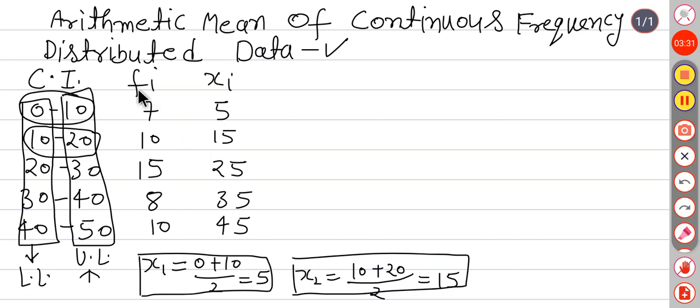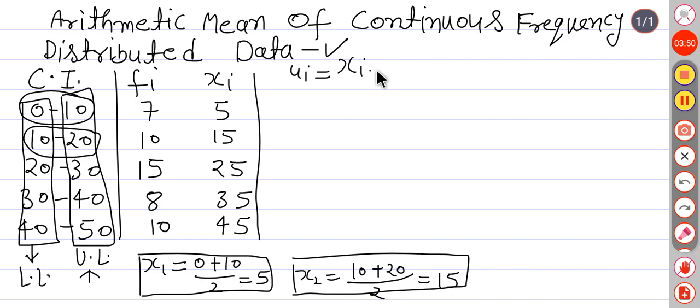Now you can see that it looks like discrete frequency distributed data. What will you require for the step deviation method? ui is equal to xi minus A upon h. I have taken 25 as the assumed mean, and I am dividing by 10, so A is 25 and h is equal to 10.